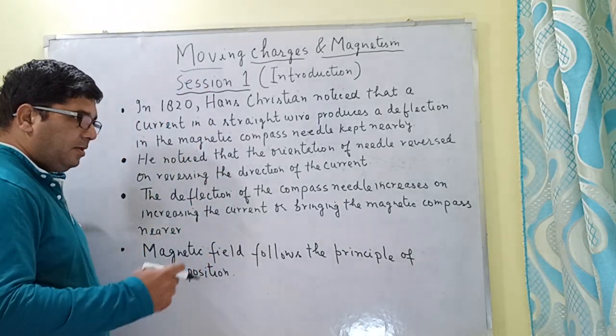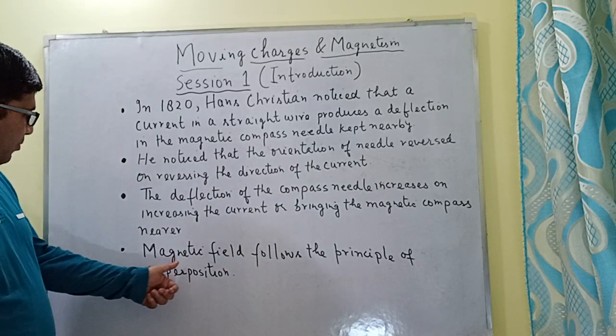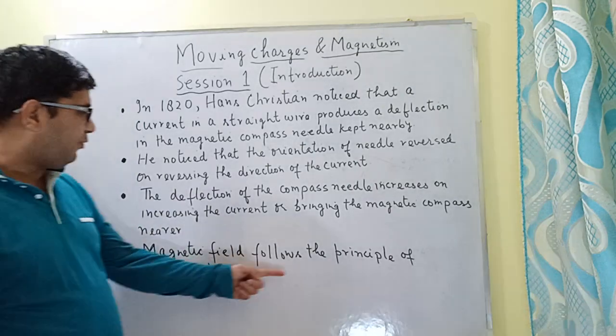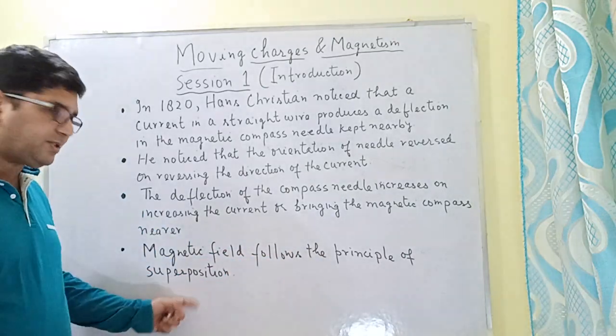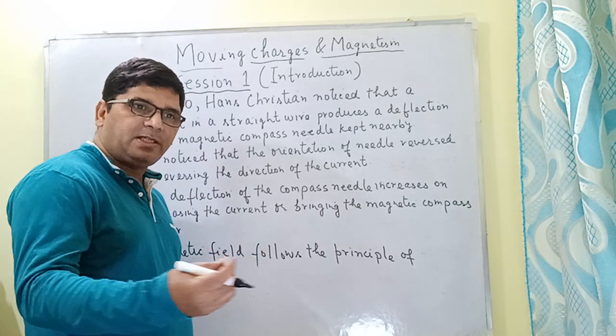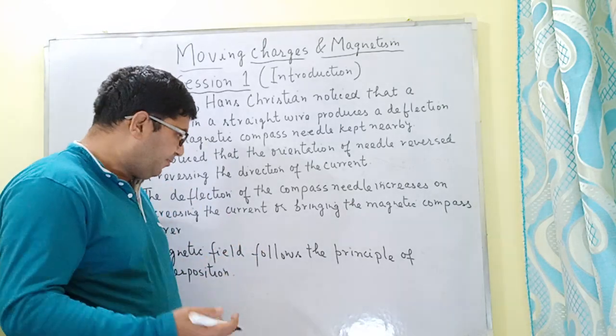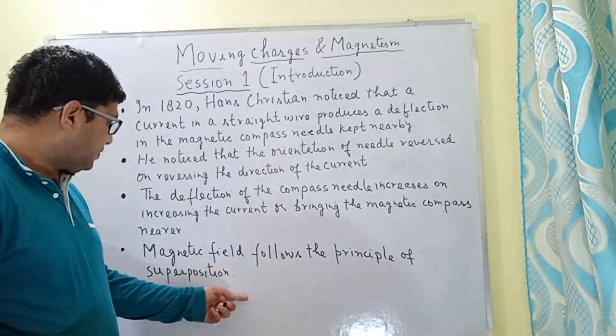Now I have also written one important bullet point, that is, the magnetic field follows the principle of superposition. That is, the magnetic field which is developed by the current which is flowing in a conductor follows the principle of superposition.